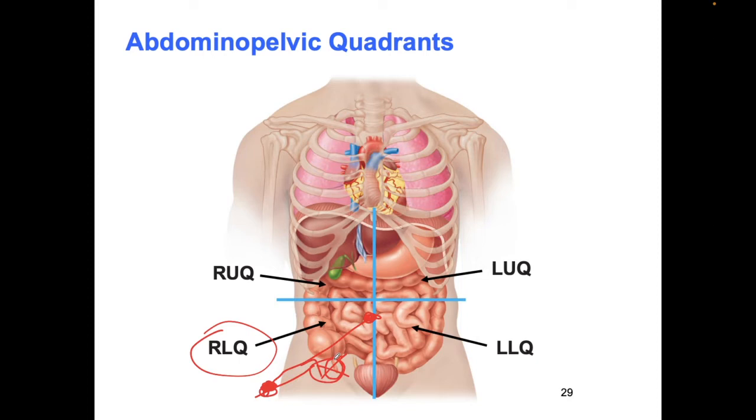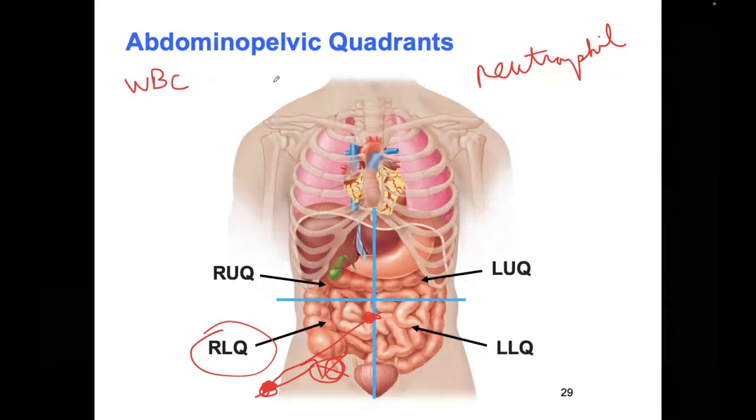Right? So then you do a complete blood count, and you may find that, whoa, their neutrophil count is really high. And you'll learn that we have different types of white blood cells. One of them is a neutrophil.